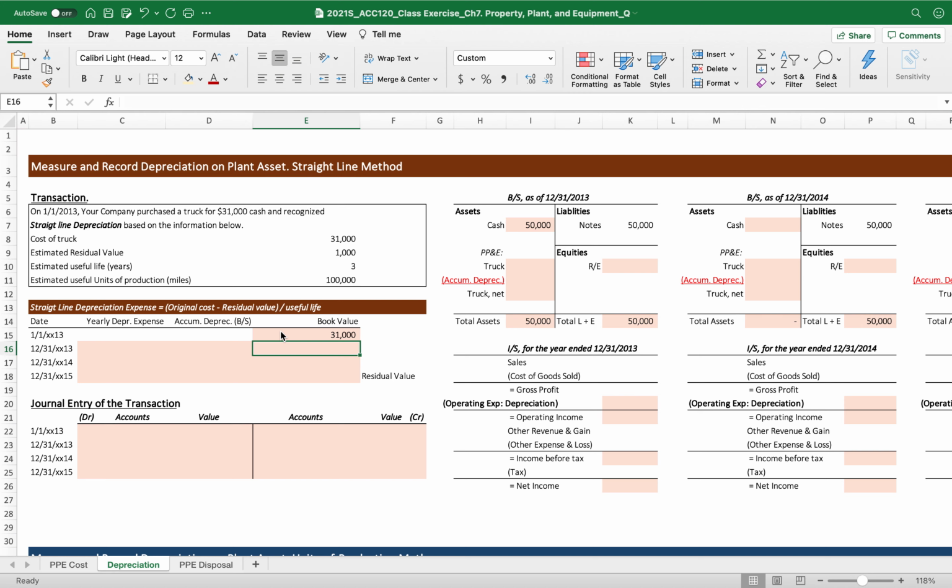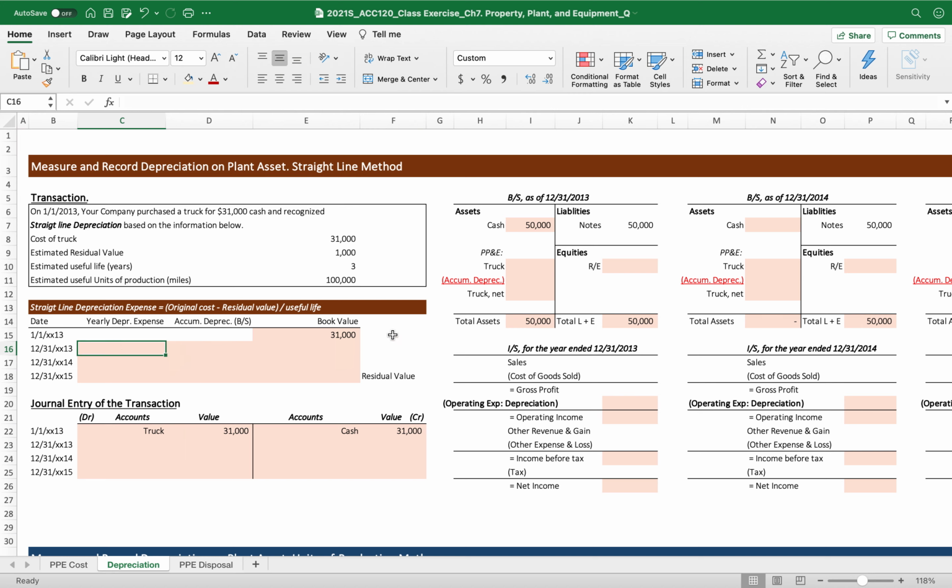So we recorded this $31,000, and here the truck, we put the truck. The value is $31,000 by paying cash, $31,000.